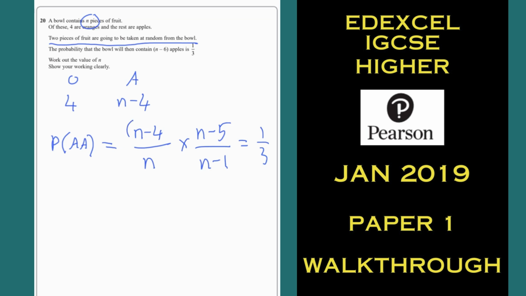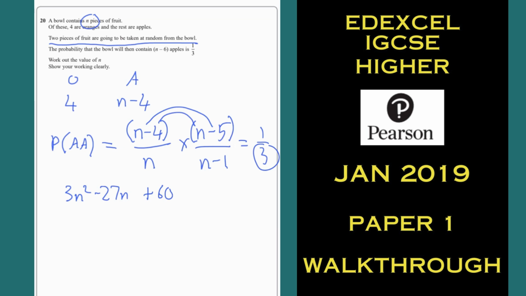So I'm going to expand the tops whilst trebling. So n squared minus 4 times minus 5 is positive 20. Minus 4n minus 5n is minus 9n.